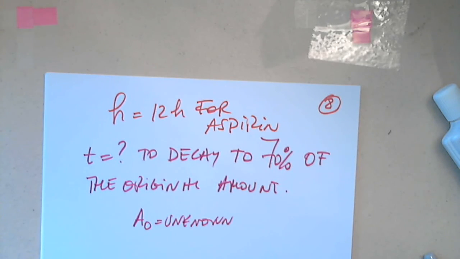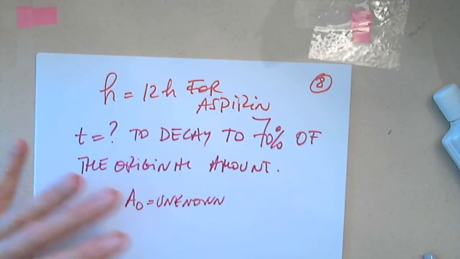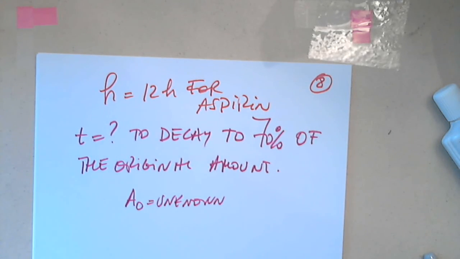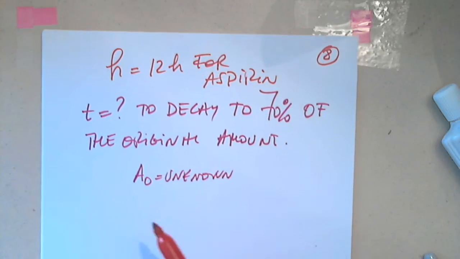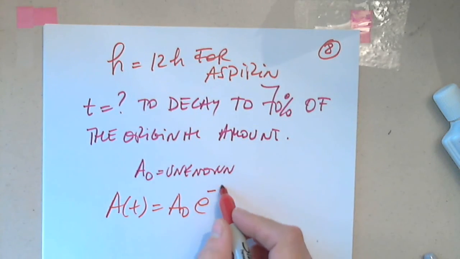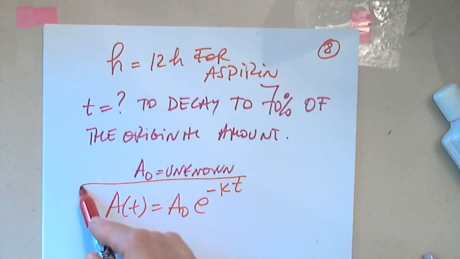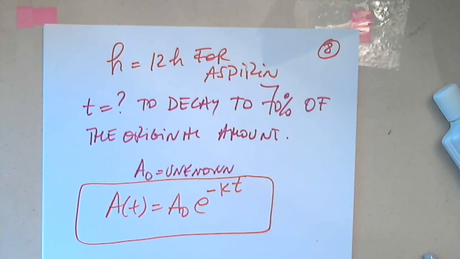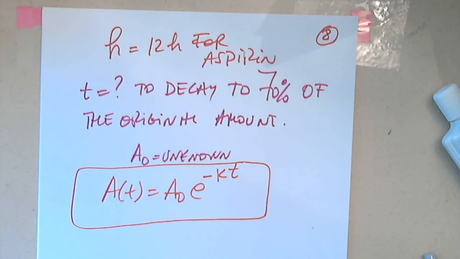I don't remember how many I took. Maybe I took 1, maybe I took 2. I don't even remember what the concentration is. So I don't know how much I took. But because it decreases its mass in time, it will definitely follow this, the radioactive decay.